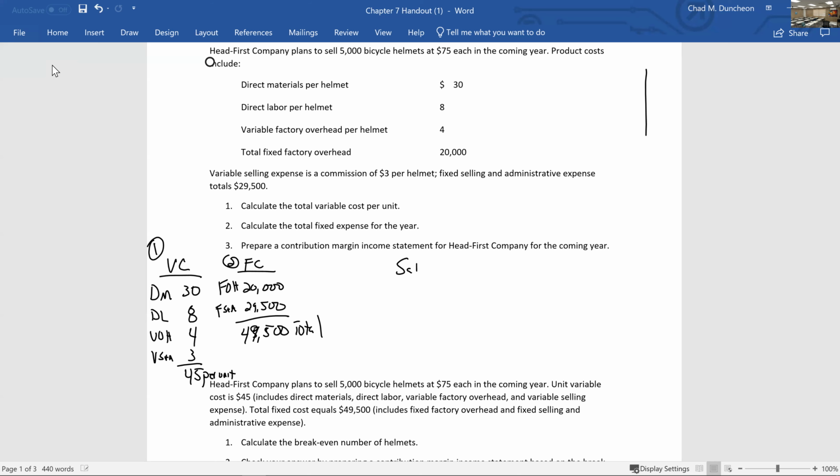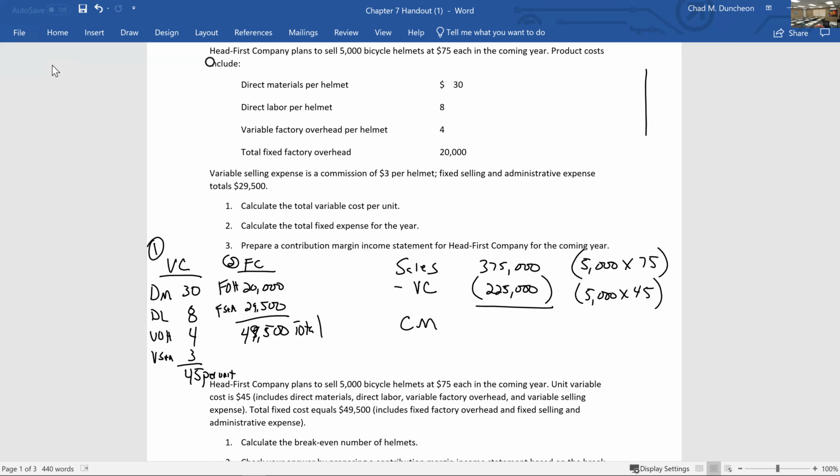And so for that, we start with our sales. Our sales amounted to $375,000. That was the 5,000 units times the $75 selling price. When we're making this, we subtract out first our variable cost. Our variable costs in this case were $225,000, which is the 5,000 units multiplied by the $45 variable cost per unit that we calculated in number 1.